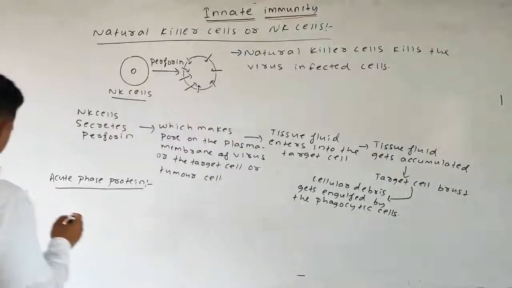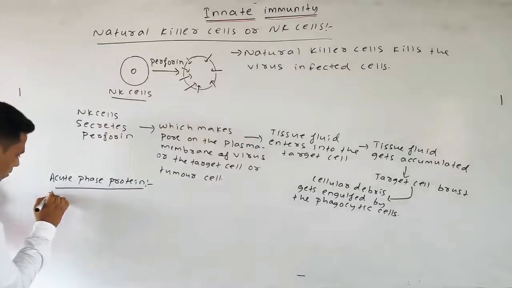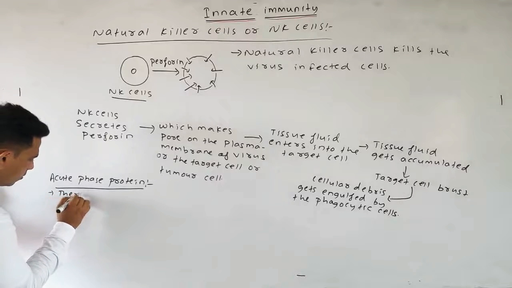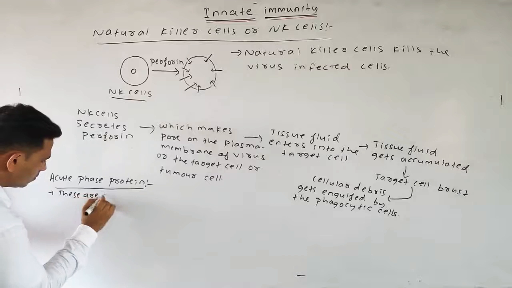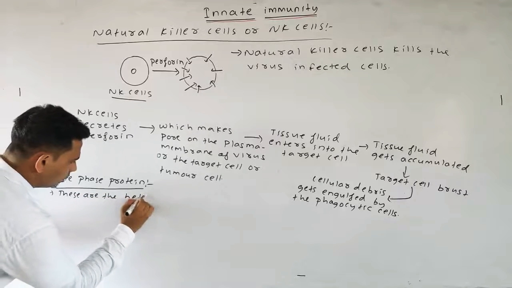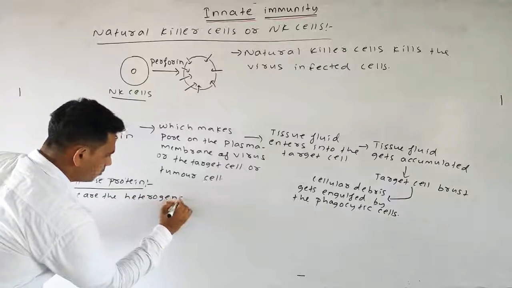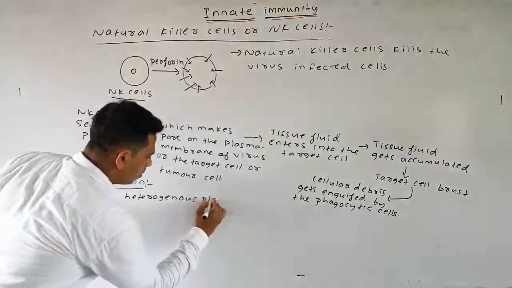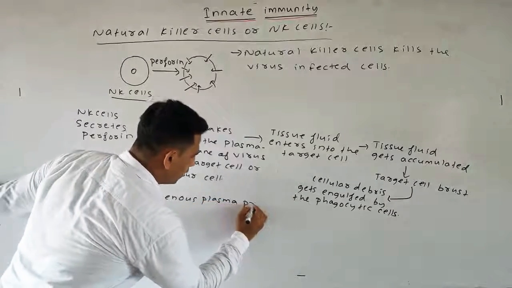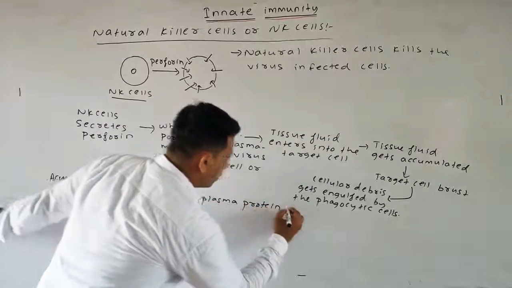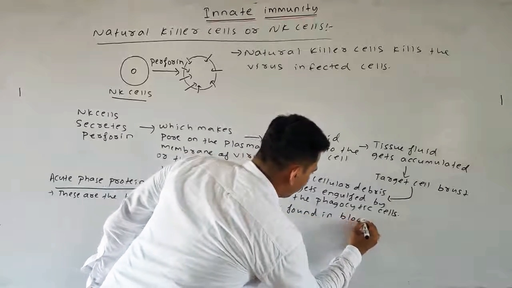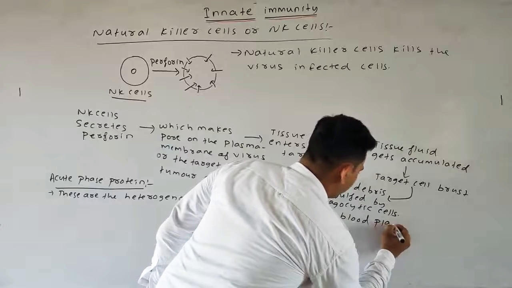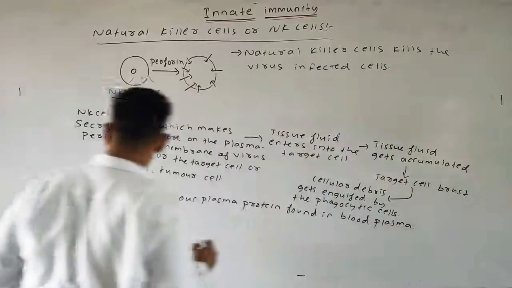So we can write, these are the heterogeneous plasma proteins found in blood plasma. Okay, how does it work?